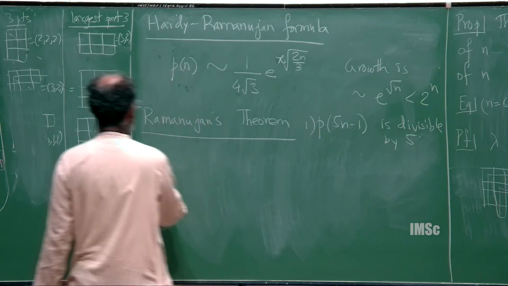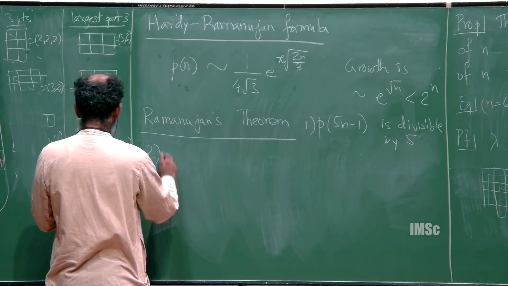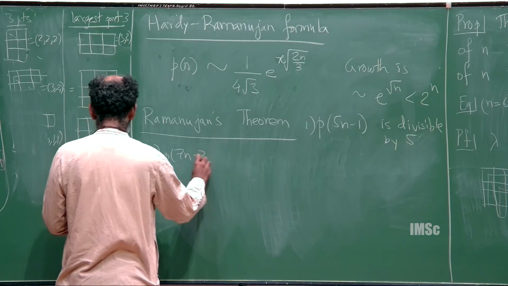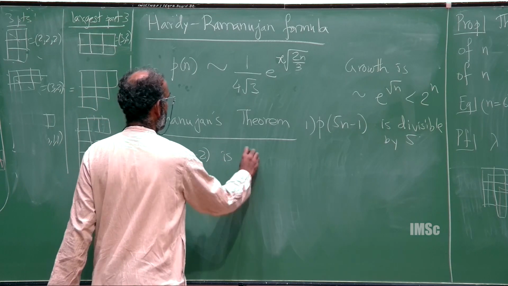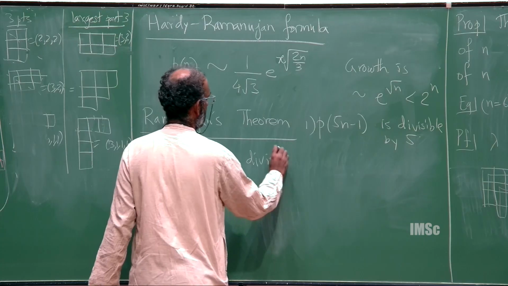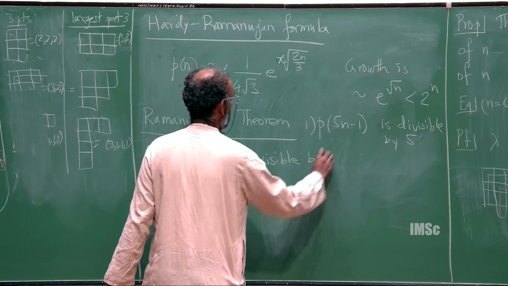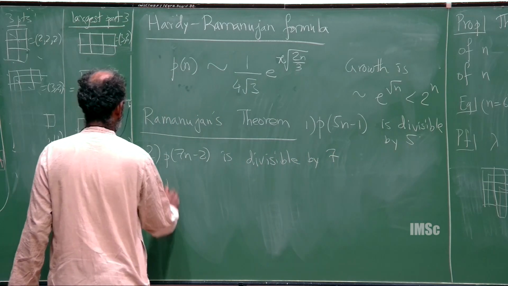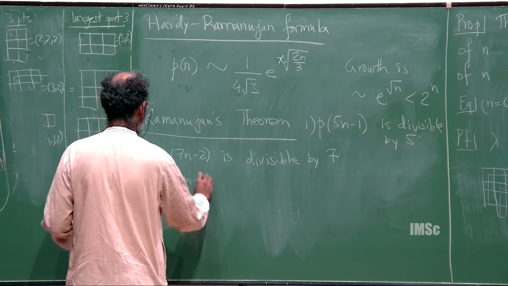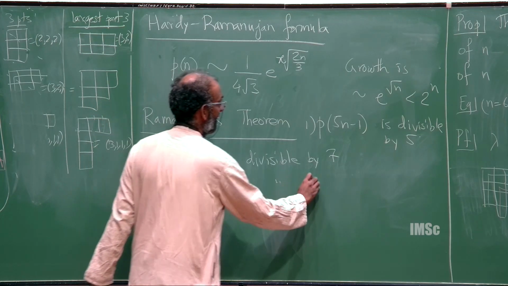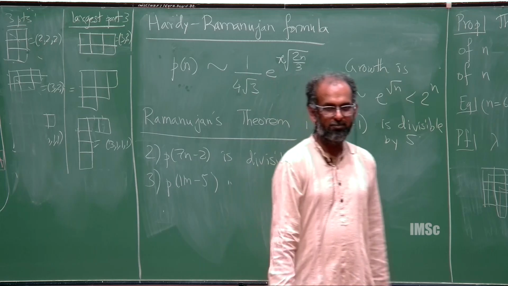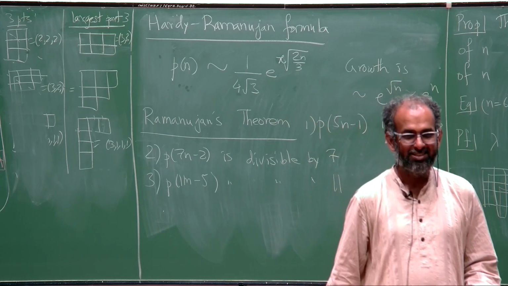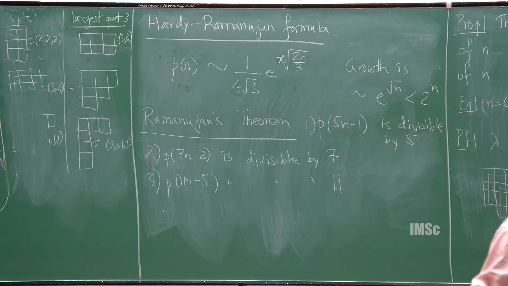So the other thing Ramanujan observed is p of 7n minus 2 is divisible by 7. P of 11n minus 5 is divisible by 11. These, 11 also maybe you can see, but 7 is very hard, right?